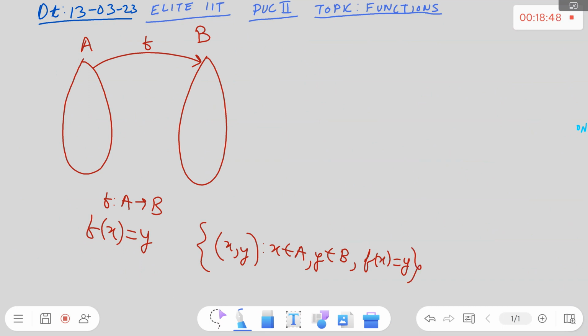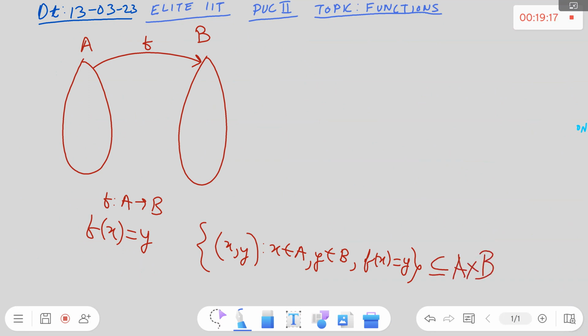So the collection of all such ordered pairs, this is a function, isn't it? And it is again a subset of A cross B, isn't it? Because this is the collection of ordered pairs. And we know the collection of all possible ordered pairs between two sets is actually the Cartesian product. So this will of course be a subset of A cross B.